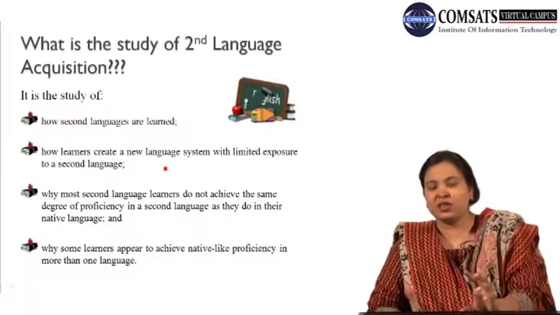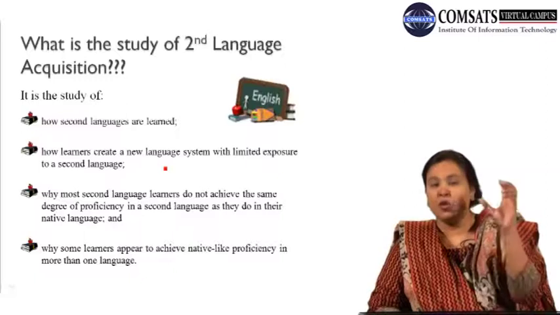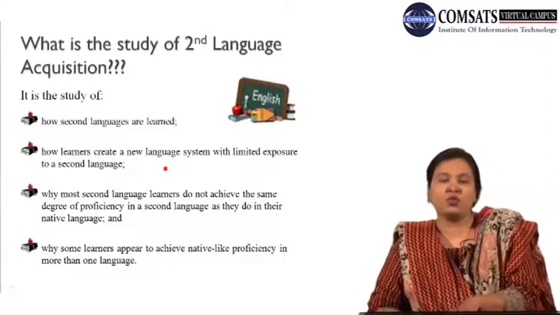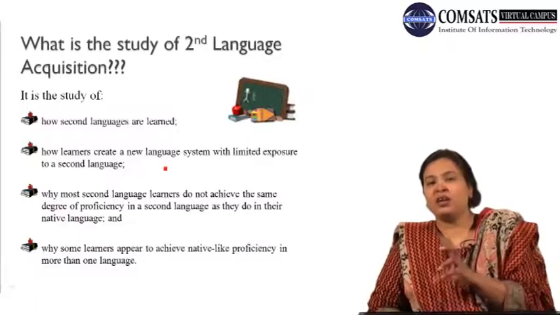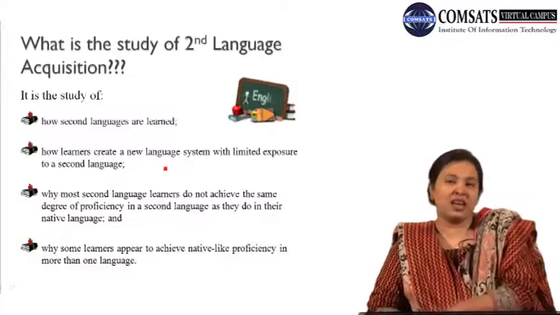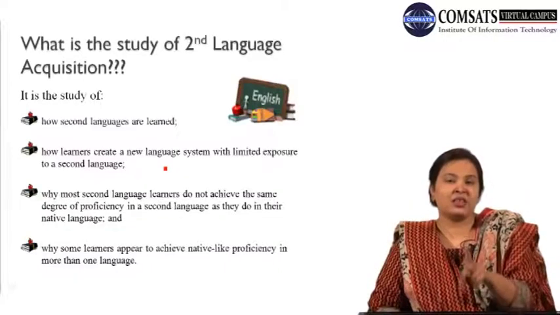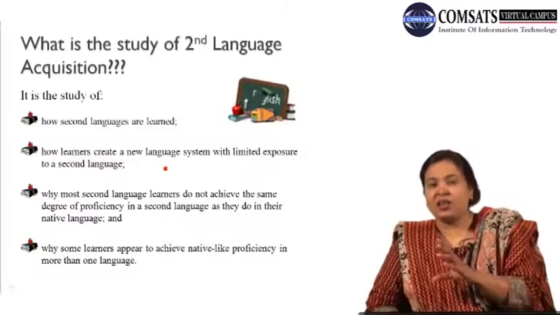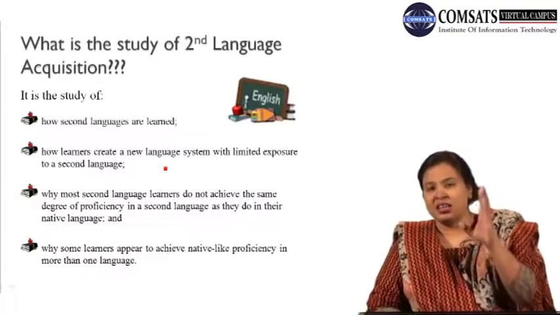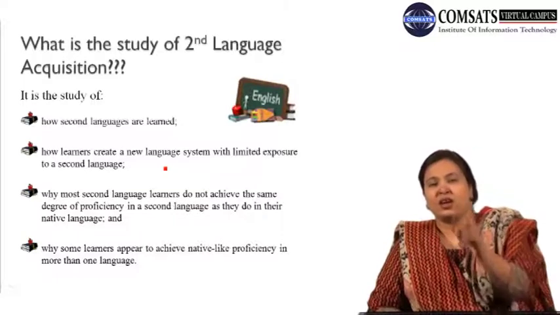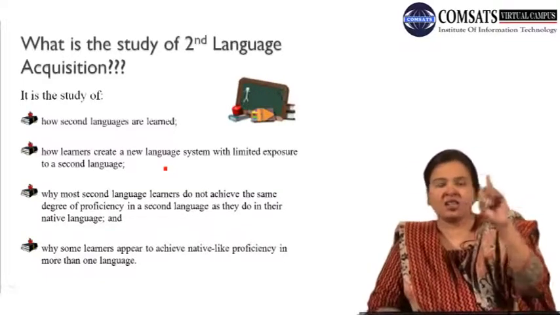Maybe there are some exceptions, some students who get proficiency in that second language, but the majority of the students either remain average or bad users of that second language, especially with respect to Pakistani society. In our society, a student of matric class is exposed to the second language, English, right from the nursery class till the matric level.